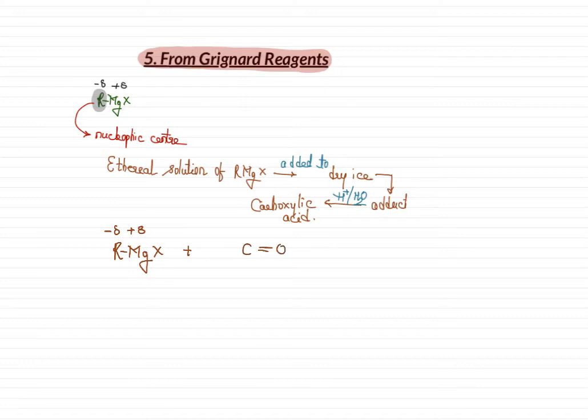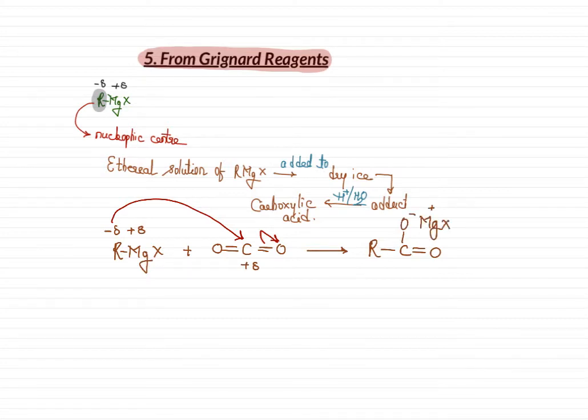Carbon dioxide has a reasonably positive carbon, and therefore there is this nucleophilic R getting added onto carbon of carbon dioxide, and pi bond collapses onto oxygen, and finally what we get is R, C double bond O, O minus, and MgX plus.